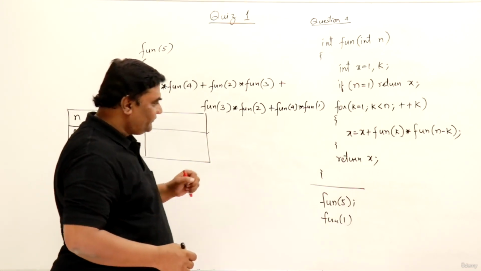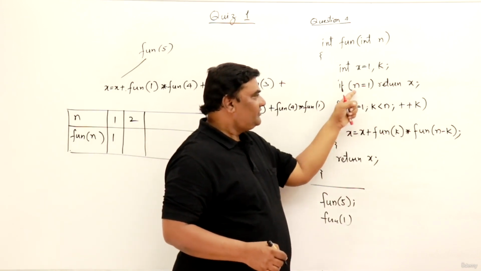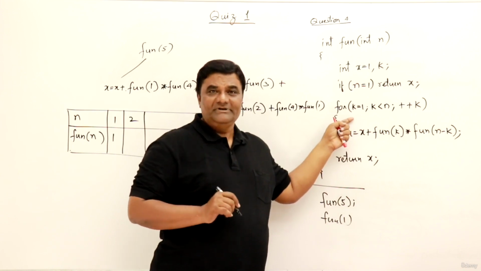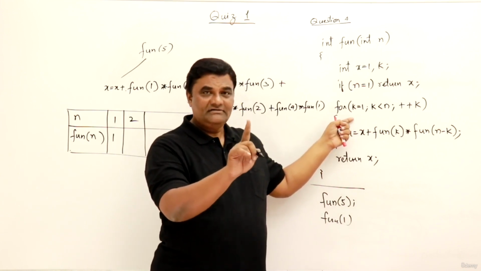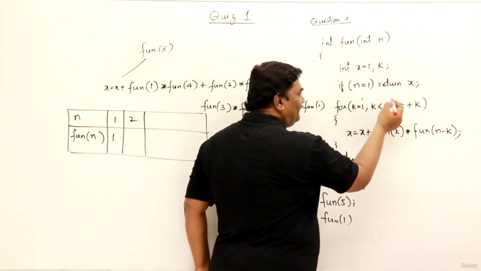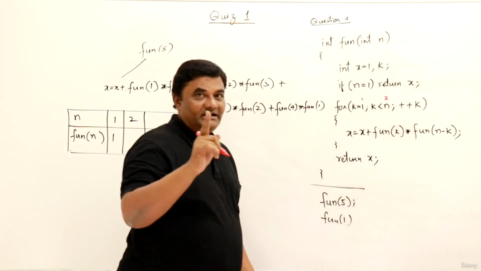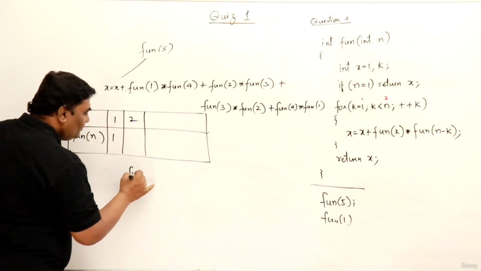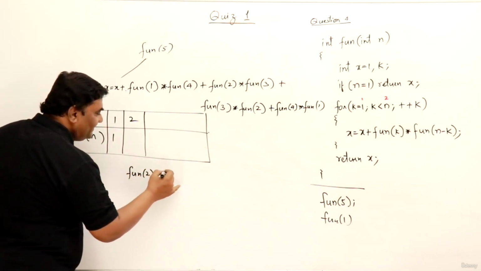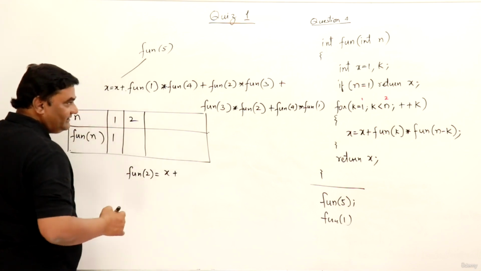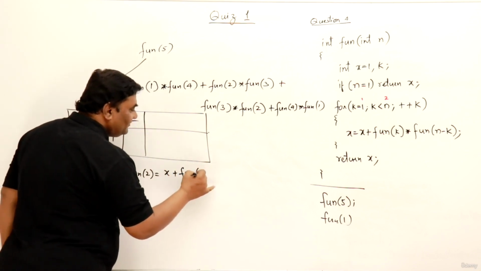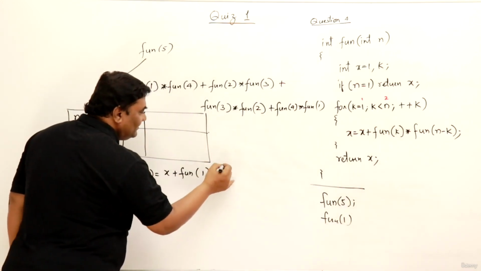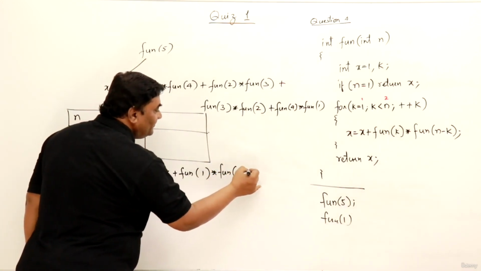So fun of 2 means what? 2 is not 1, so it will enter here. How many times will this loop repeat? K from 1 up to less than 2, so it will repeat only one time. So for fun of 2, it will be x plus fun of k, with k as 1, into fun of 2 minus 1.